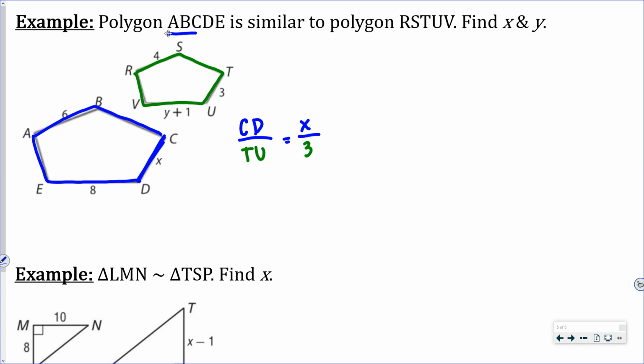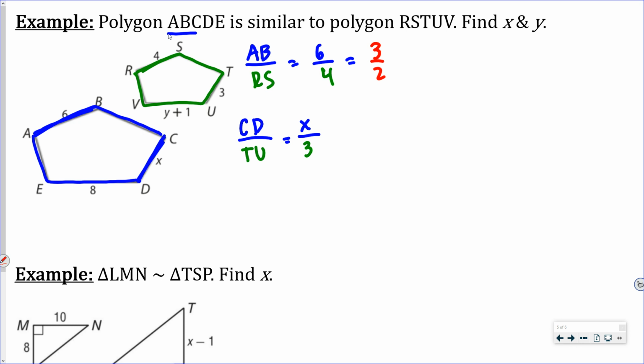Well, if you look back to that very first side that I highlighted, AB, which corresponds to RS, I'm given 2 side lengths. So I can figure out what the scale factor is. Reduced, it is 3/2.